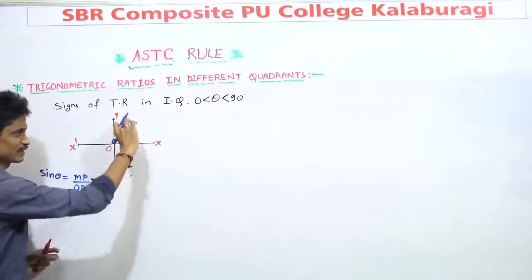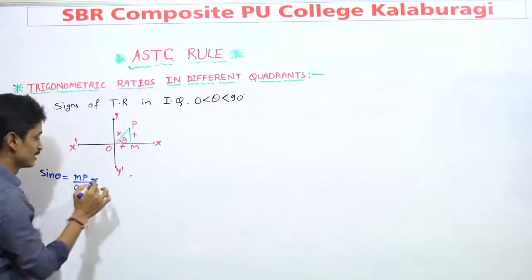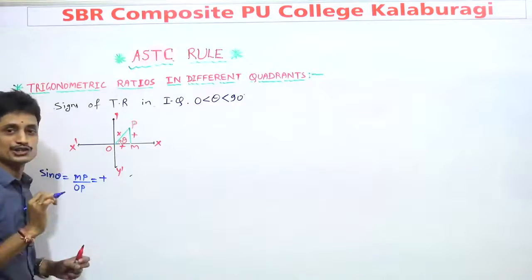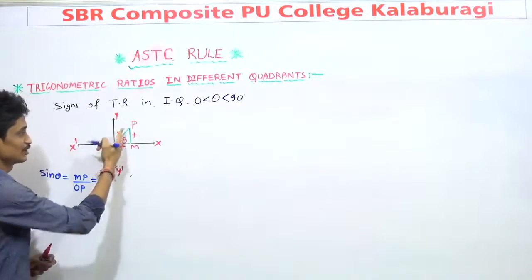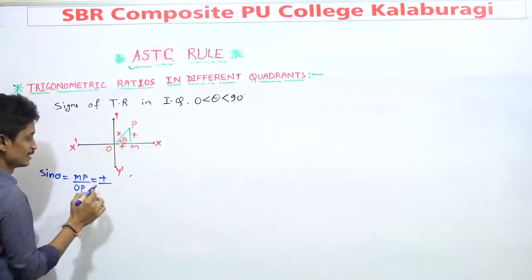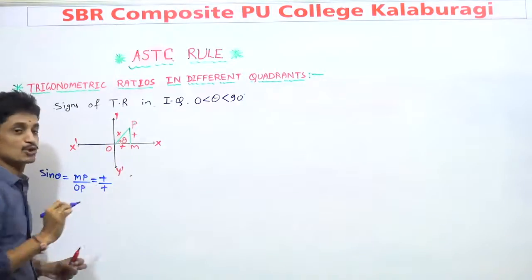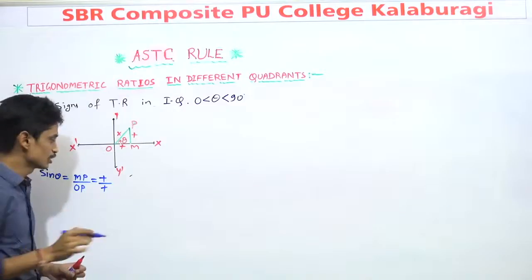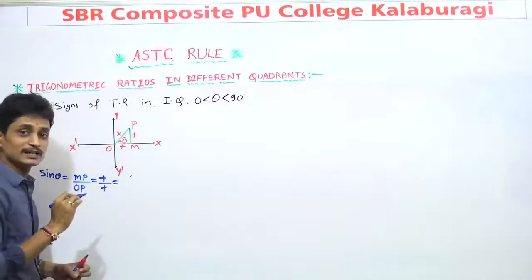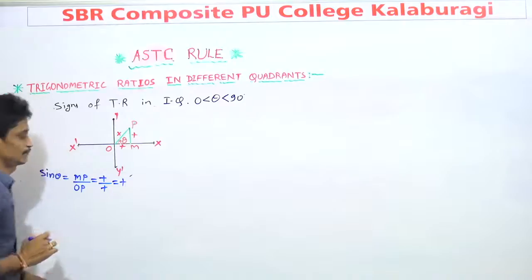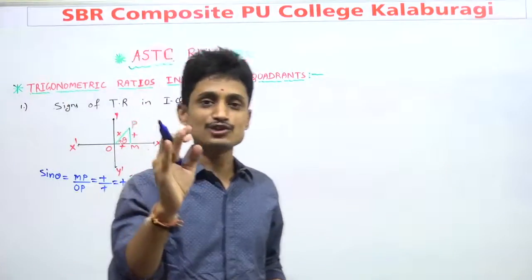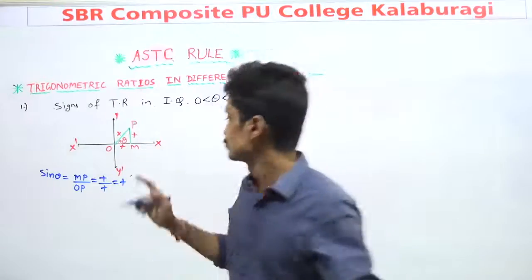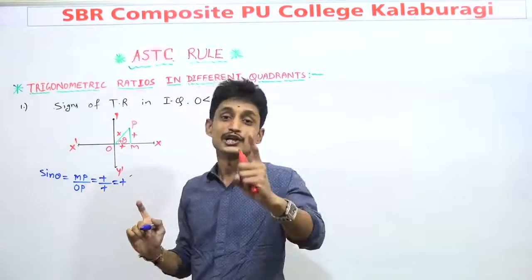So whatever dimension we take, that should be a positive quantity, divided by the distance OP, which is always a positive quantity. Basically, we know that plus divided by plus is nothing but plus. So sin theta will always give us a positive ratio in the first quadrant.